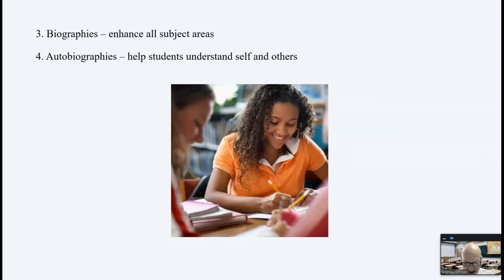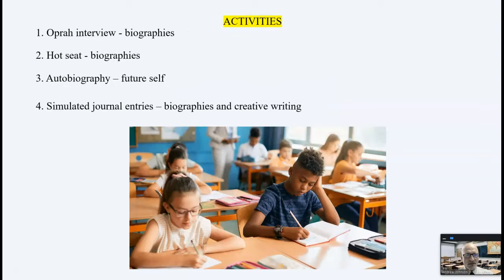So good writing helps you understand others. Personal intelligence: within, understand yourself, and begin to understand other people. That is why writing is such an important part of culturally responsive pedagogy. All right, a couple of simple activities that you can use with this type of narrative writing.